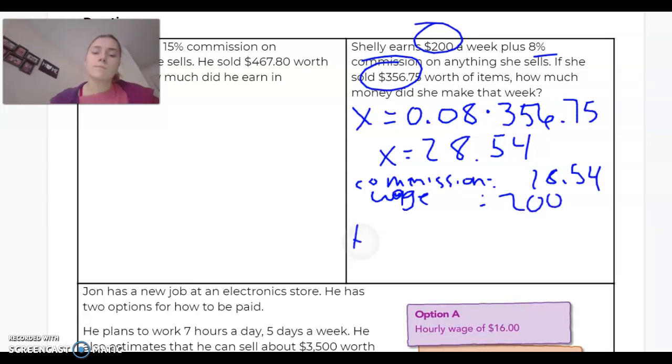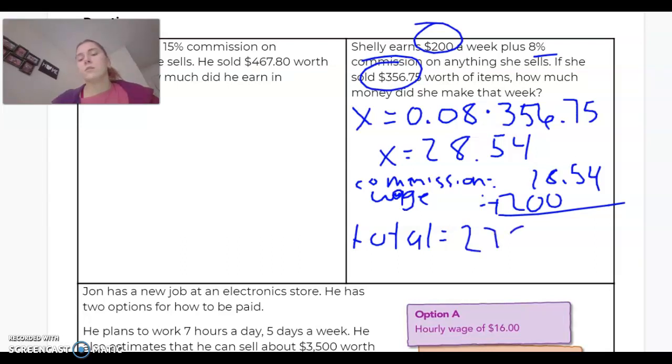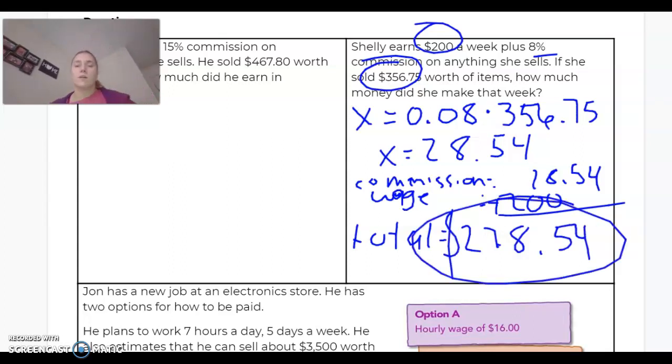So her total, in order to find that, we need to add these two together. So 200 plus 28.54, we get $228.54. So that's how much she would make in total for that week. Okay? So it's pretty easy.